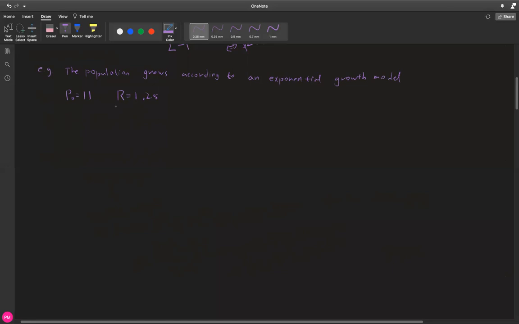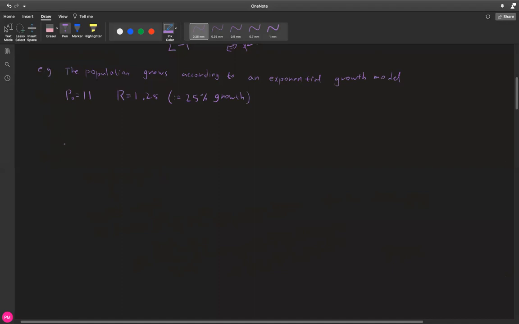So when the common ratio r is equal to 1.25, this implies a 25% growth for each generation. So let me write the growth in each generation.